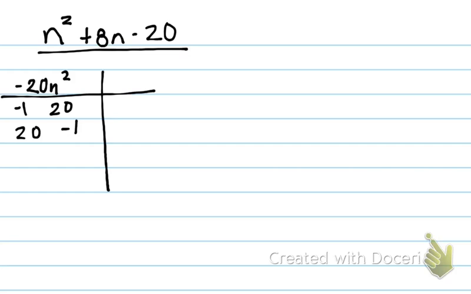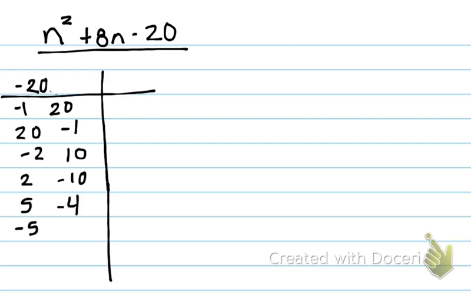And then what are my other factors? We wouldn't actually use the n squared in this case, just the negative 20. We'll have negative 20 and 1. We'll have negative 2 and 10, and then 2 and negative 10. And then we can also have 5 and negative 4, and negative 5 and positive 4. I think that's all of them.